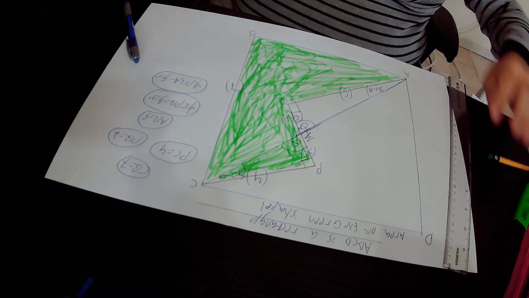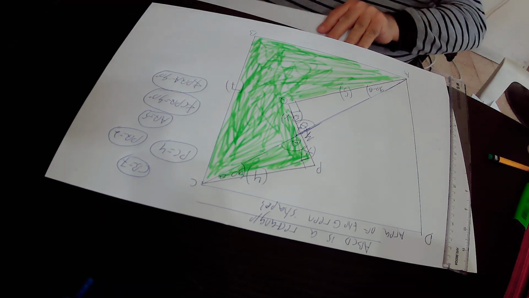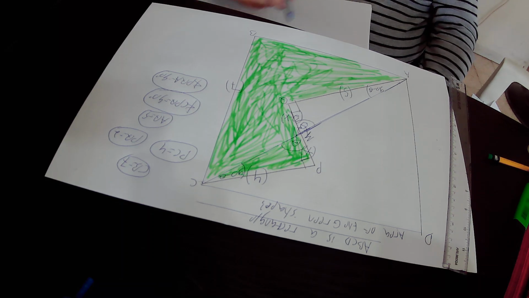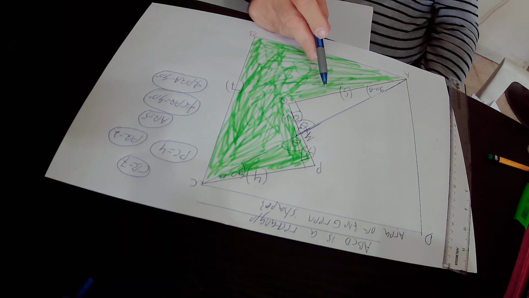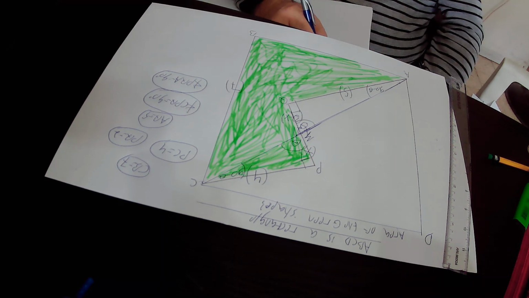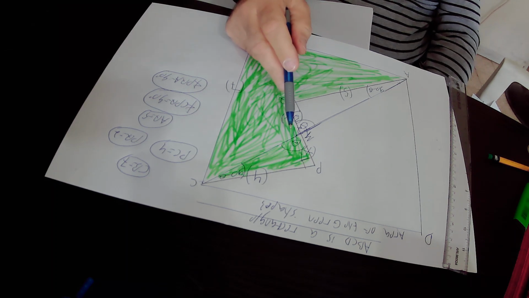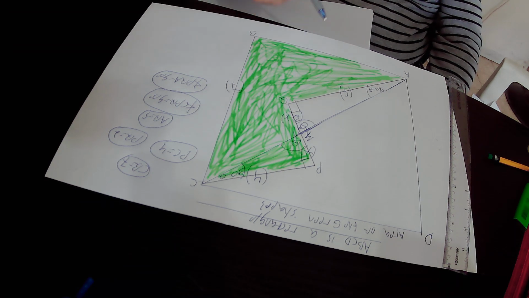So I write it down. We'll prove that this white right triangle AMQ is similar to this small green right triangle CPM.